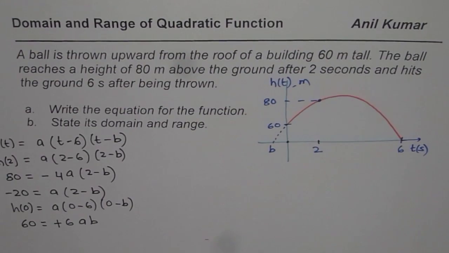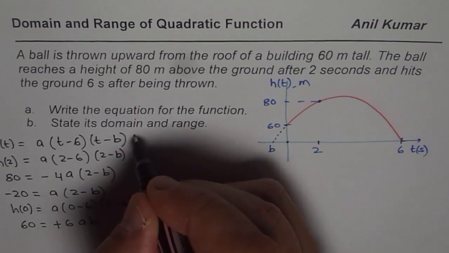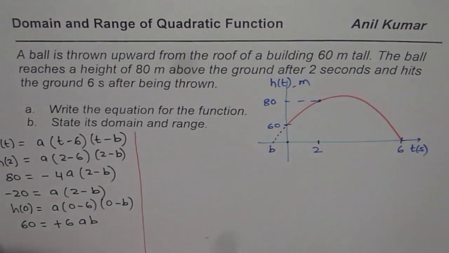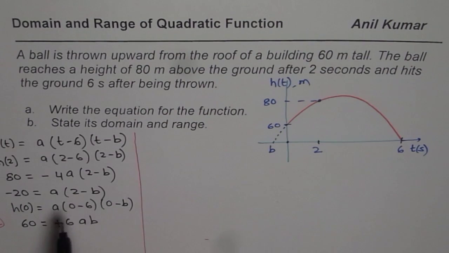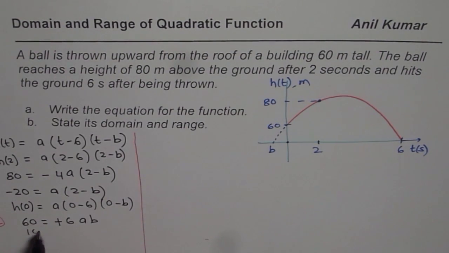So in fact, I'll write down both the equations on the right side and then continue with our solution. So this is equation number 2, but let me write it in a different form. I'll divide by 6 and say 10 equals a times b, okay?